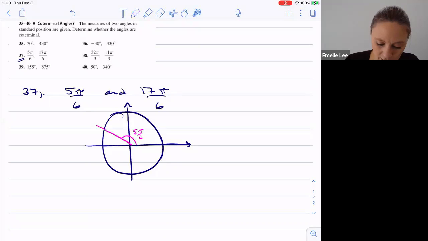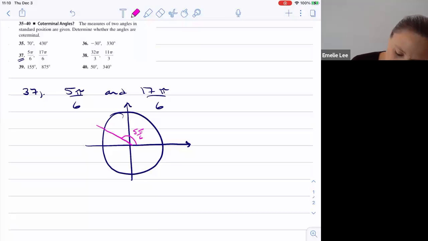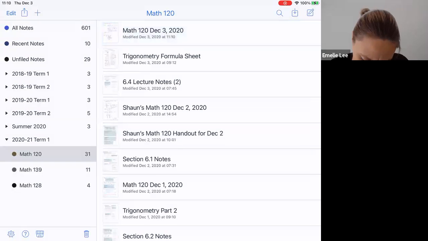Okay. And we know from pi over 6, that's our reference angle, that this point x is negative and y is positive. And so we have a terminal point. The terminal point here is negative, is it 1/2 root 3 over 2?